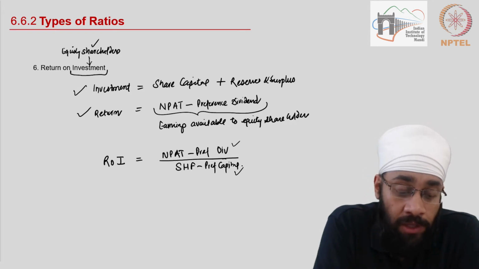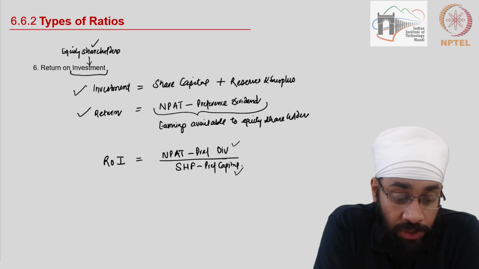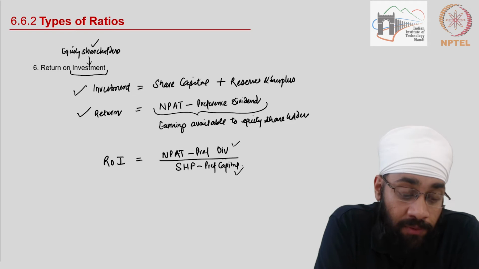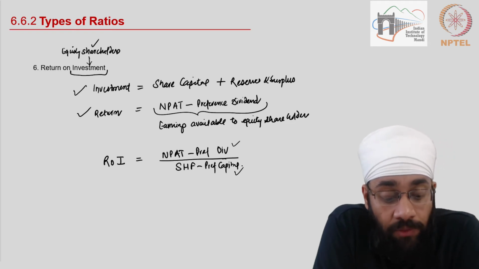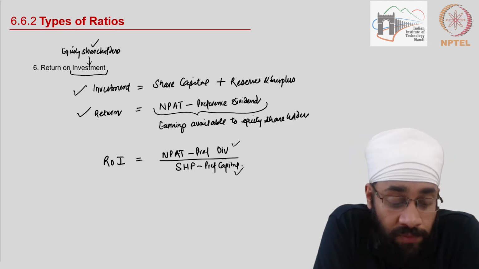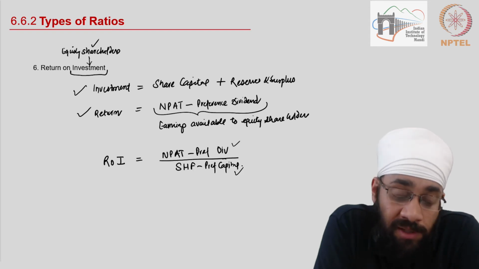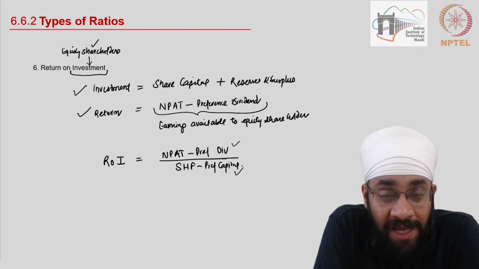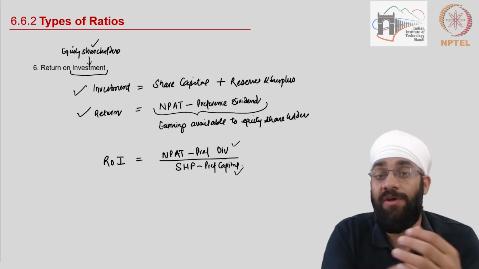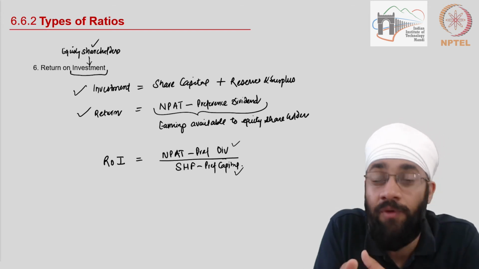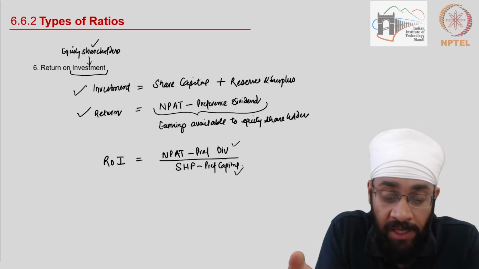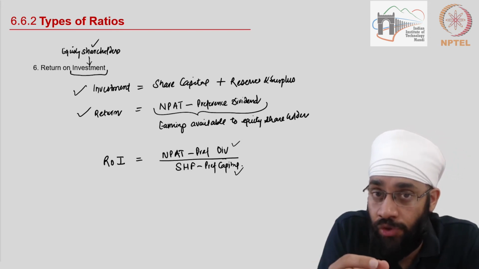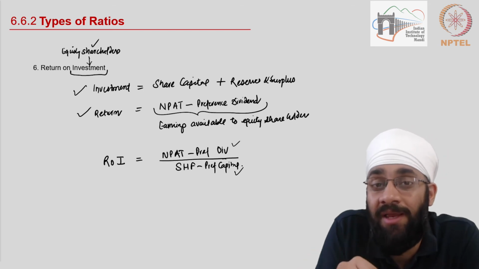Equity shareholders are the people from whose point of view we calculate it, but can I calculate return on investment from the point of view of preference shareholders? The number is straightforward, but you can redefine these numbers as well. If you go to various websites which give you the financial ratios of different companies, they also give their definitions. So before interpreting any of those numbers, you should look at their definition and accordingly interpret it.